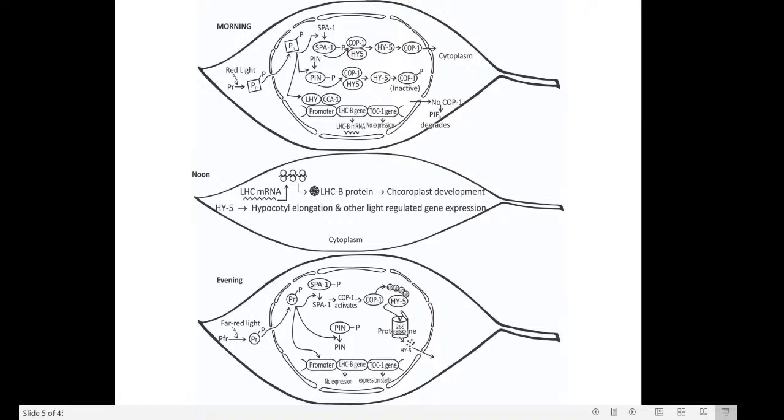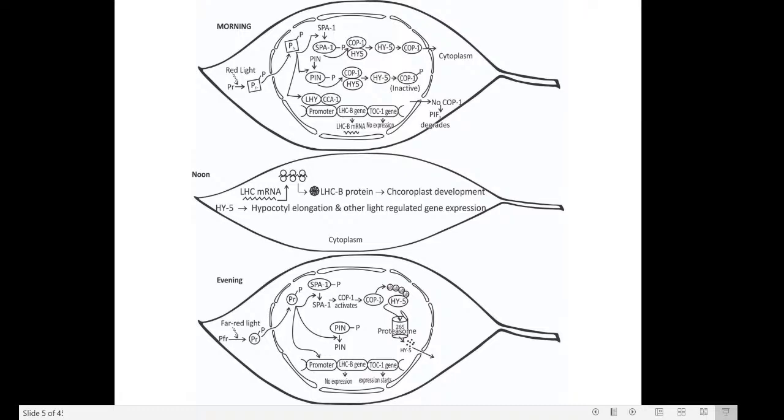Those proteins are produced from mRNA. This is the LHCb protein, which is helpful for chloroplast development. Then another one is HY5, a hypocotyl elongation factor. Hypocotyl elongation happens with this gene expression.